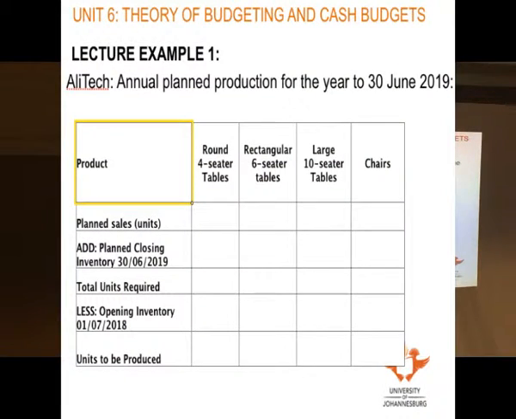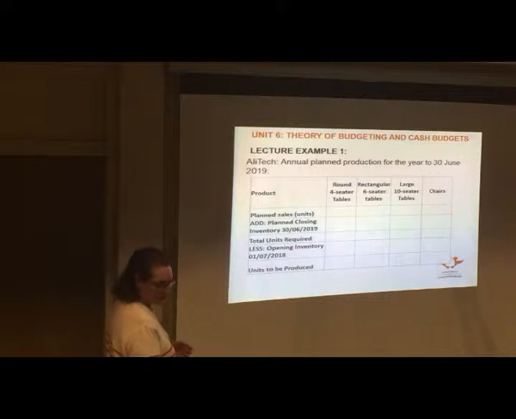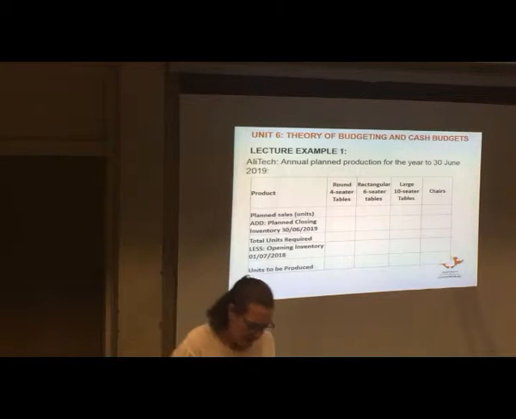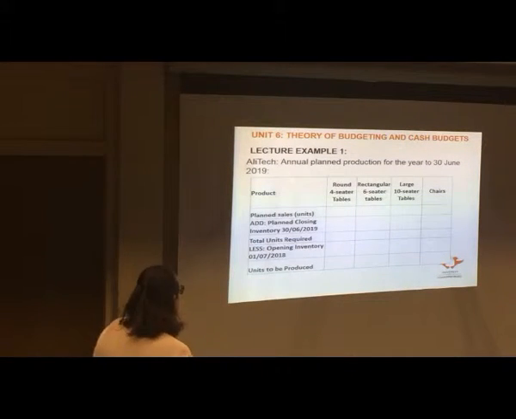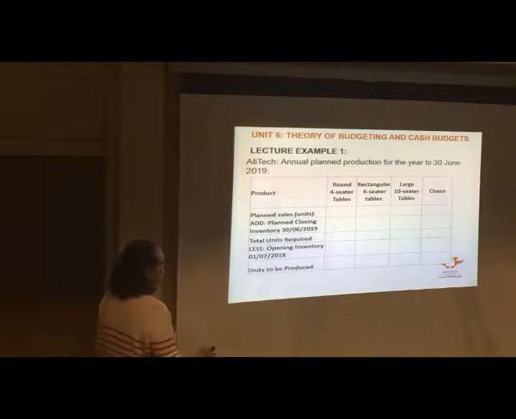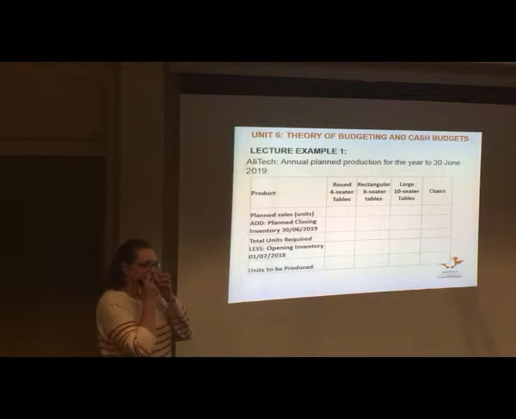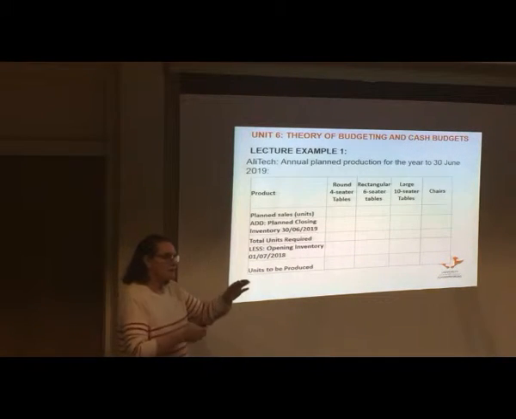So the first thing you're going to do is put in your planned sales for each item, which you get from the first slide that you've got there, okay, the planned sales, and then you're going to add in your closing inventory. So this is a bit counterintuitive, okay?